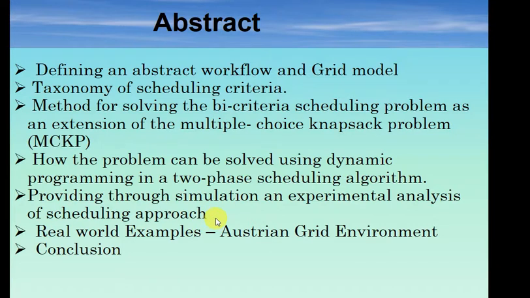The experimental analysis is done by comparing with two other algorithms, that is LOSS3 and BDLS algorithms. After that it gives a real world example, that is the Austrian grid environment.